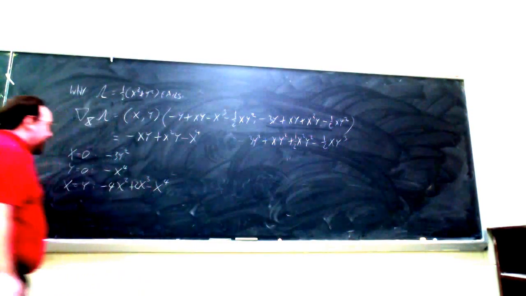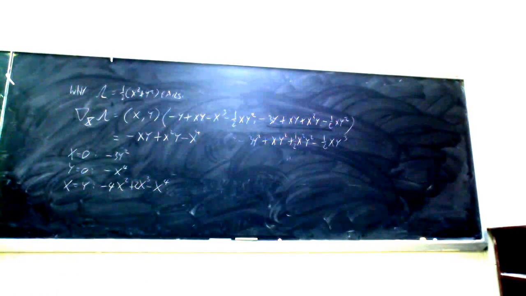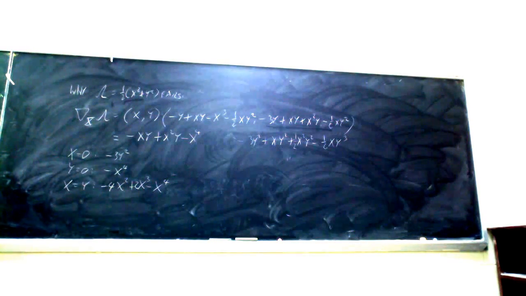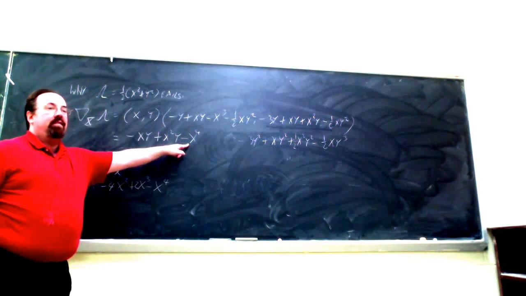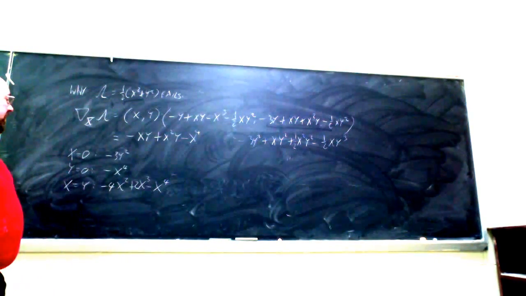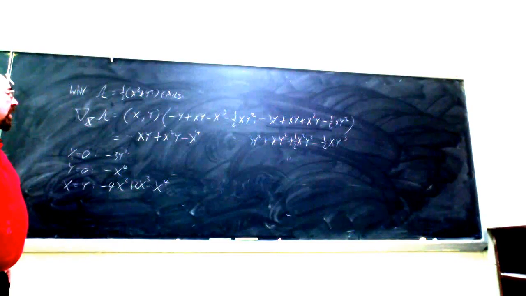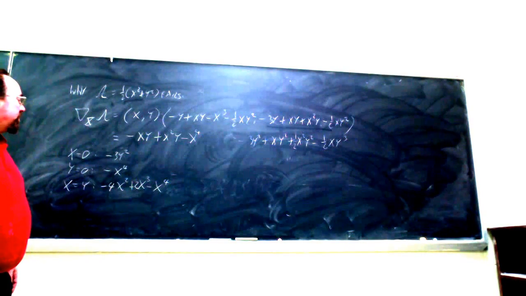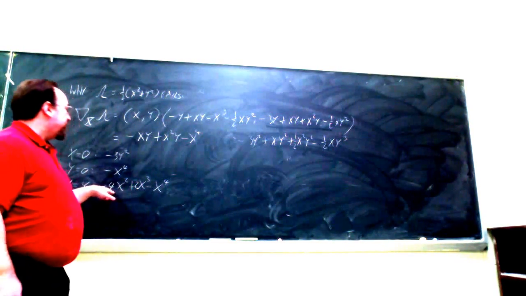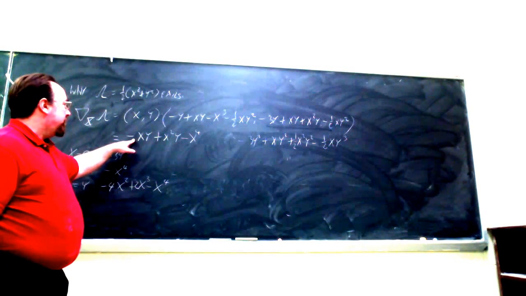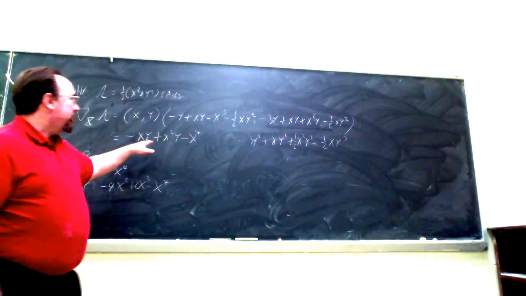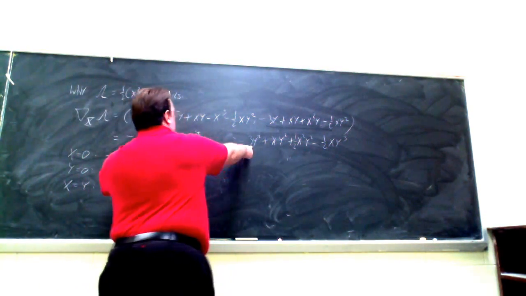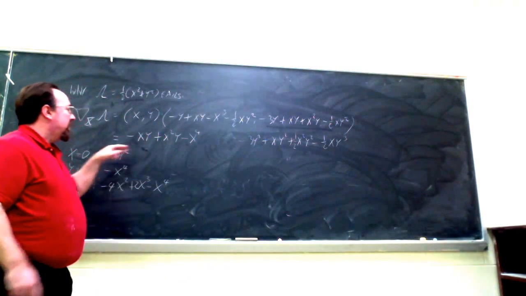Wait, where'd you get that x to the fourth? You combined the terms, what terms did you combine? Well, this came from, no, go up, go to the right. That x to the fourth, two terms over.